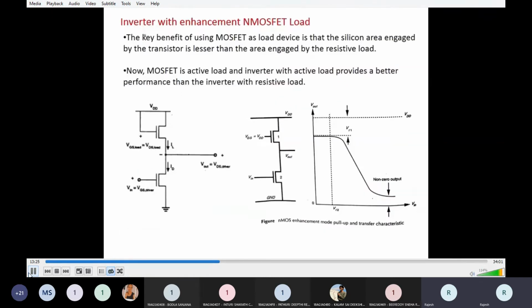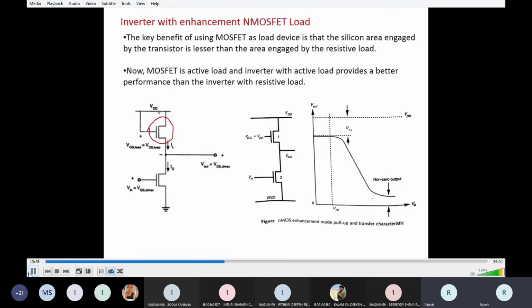Second one, inverter with enhancement mode NMOS. In this case, the depletion mode MOSFET is replaced by this enhancement mode MOSFET. Here the gate is connected to the drain, that is, the gate is connected to the supply voltage VDD.